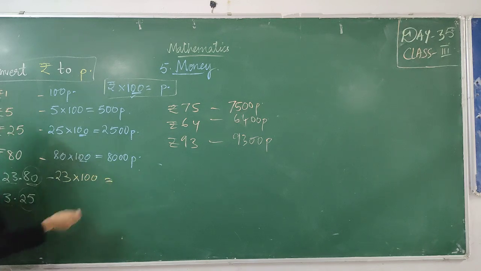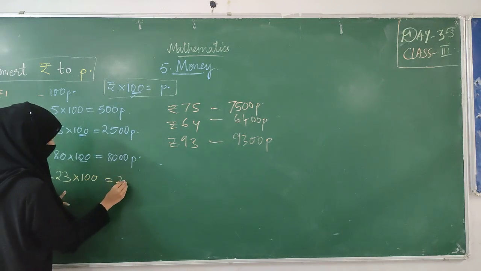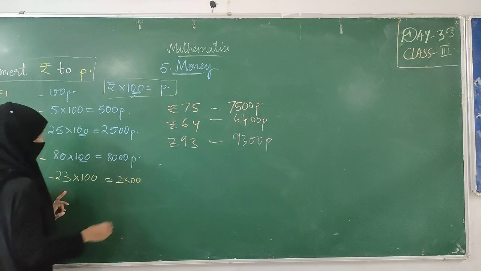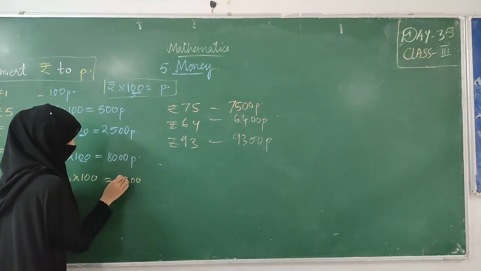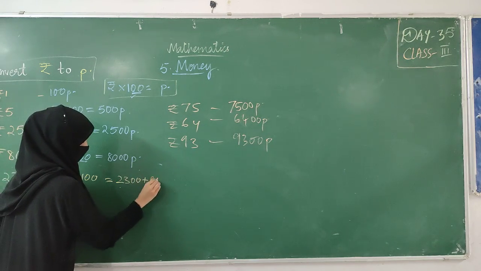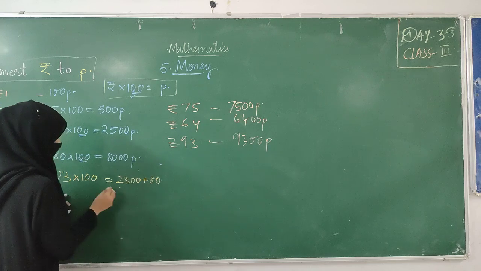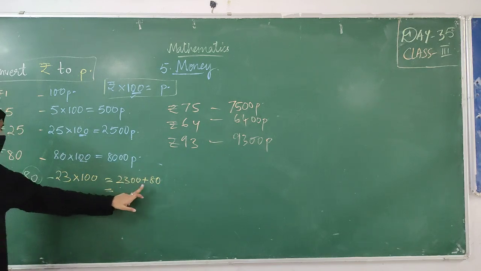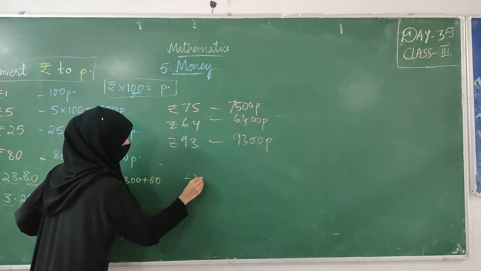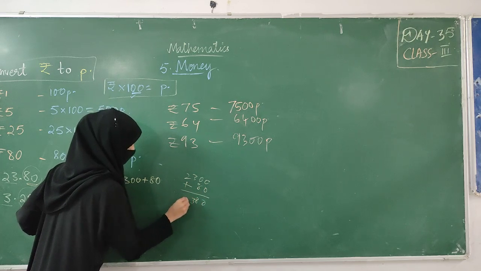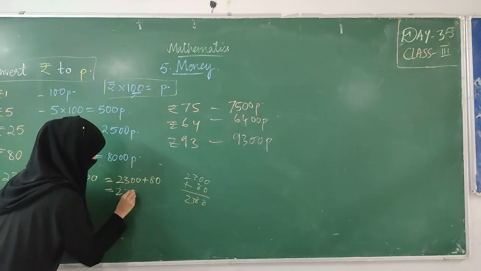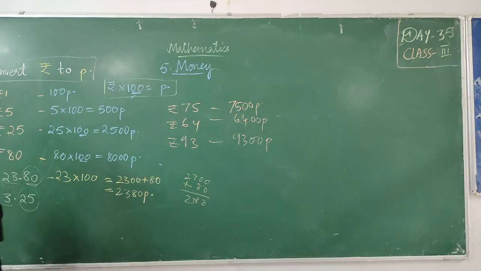Converting the rupees first. 23 into 100 will be, as I already told you, write the number 23, add 2 zeros. Now next, how many paise do you have? 80 is paise. You will add 80 to this. Now what will be the answer? 2300 plus 80. Why do this long method? Writing down, adding, 2380p. You got the answer.